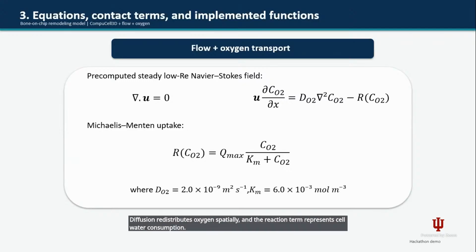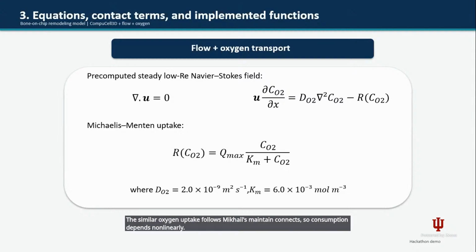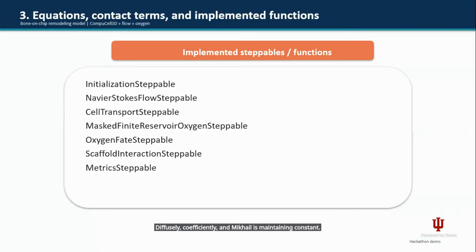The cellular oxygen uptake follows Michaelis-Menten kinetics, so consumption depends non-linearly on the local oxygen concentration. In this model, these were the diffusivity coefficient and the Michaelis-Menten constant. The model was implemented following these variables and functions.